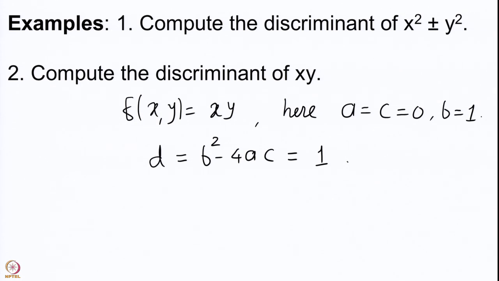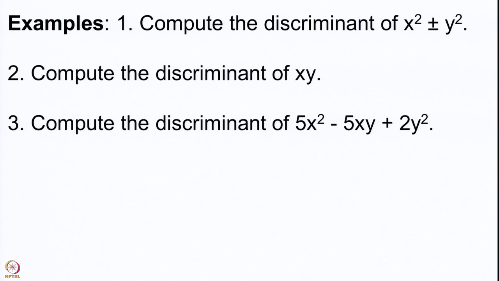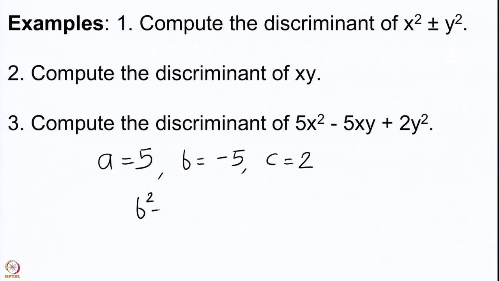Let us go to one more example. Compute the discriminant of 5x square minus 5xy plus 2y square. This is a slightly complicated example. So, we get that b square minus 4ac is 25 minus the product AC is 10 and you multiply by 4.